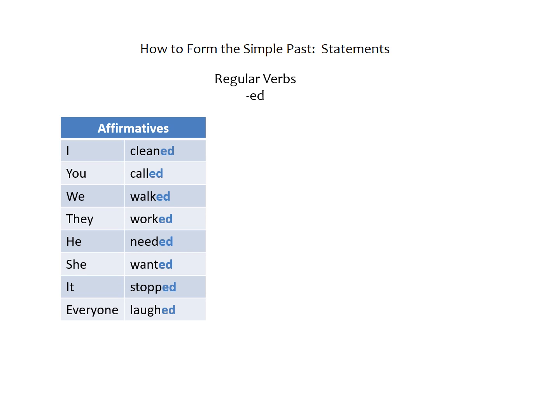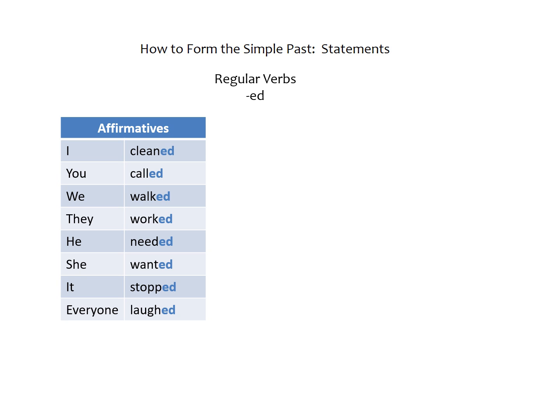Some examples for affirmatives are I cleaned, you called, we walked, they worked, he needed, she wanted, it stopped, everyone laughed. Again, all we need to do here is add on that ed ending. And if we notice, it's the same for all of our subject pronouns. We do not need to worry about subject-verb agreement here.